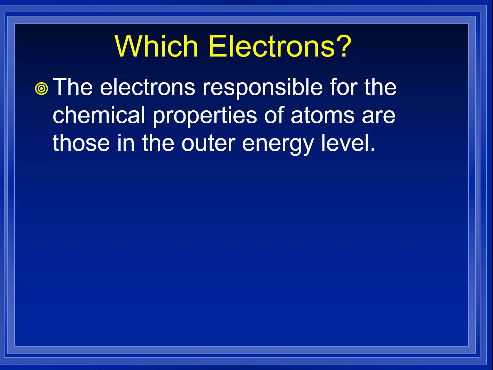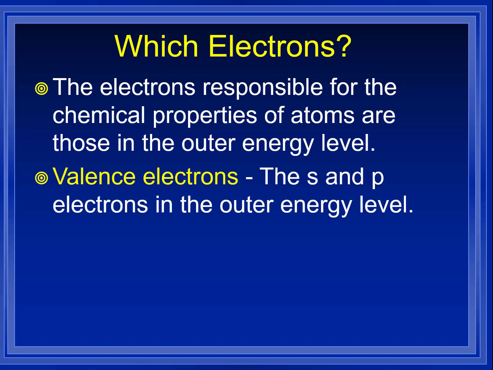So S's and P's are going to be the highest ones. Okay? And those highest ones, as we talked quickly last chapter, gave that word you'd heard someplace before, your 8th grade or 9th grade: those are called valence electrons. It's the electrons in the outer energy level, and it has to be S's and P's, because the biggest number is always going to go in front of an S or a P.